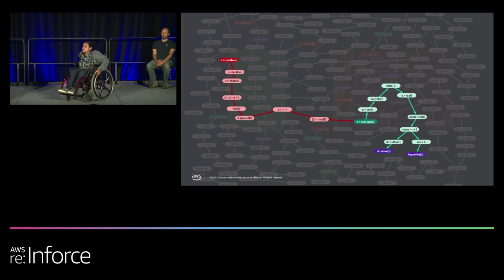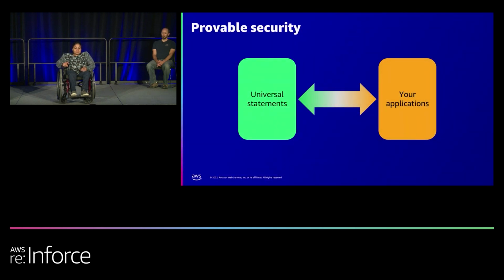Think about it, a magic button, one that searches the entire universe, all the configurations, all the paths, and does it quickly, because that is key. If you have to wait for an eternity, then such an analysis doesn't do us any good. Now, that's the focus of this talk, how you can make universal statements about your applications.